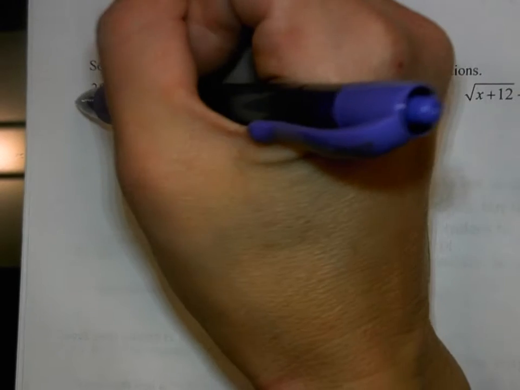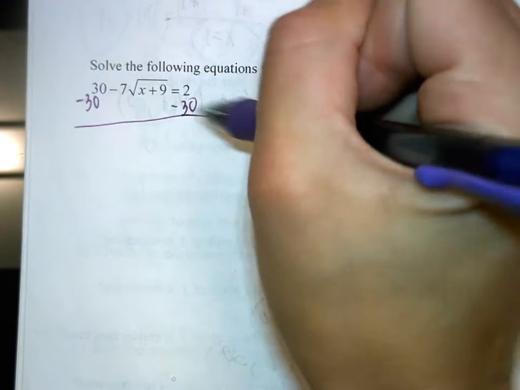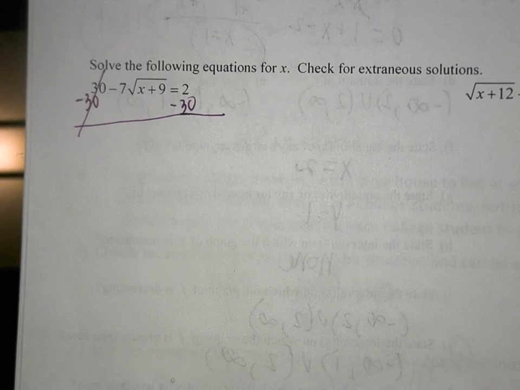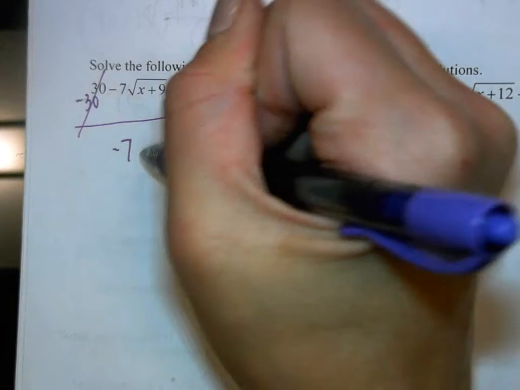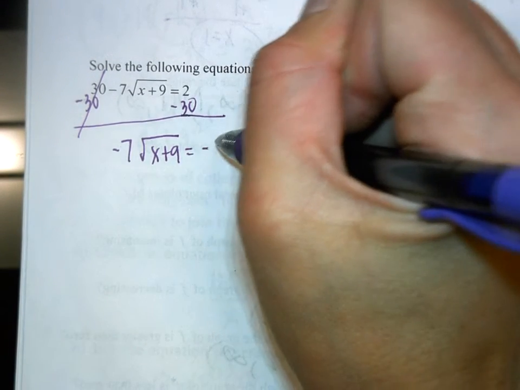I need to subtract 30. Oh, no. Okay, I can see how we're confused. All right, so we're going to subtract 30. We get -7 root x plus 9 equals -28.